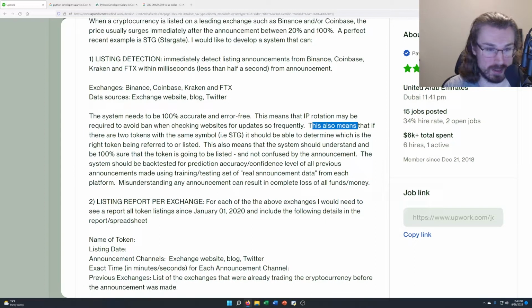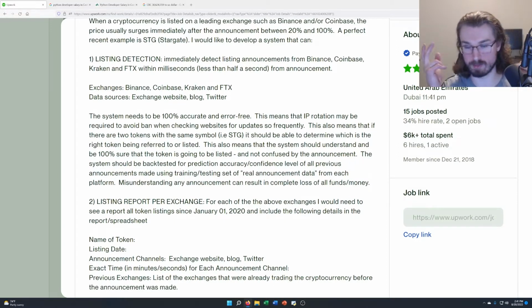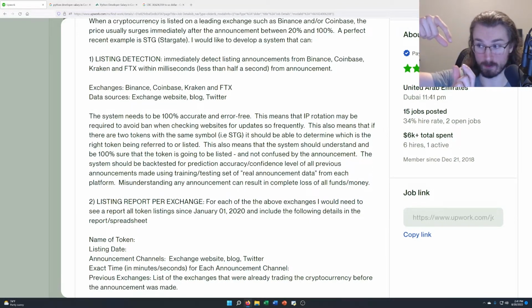This also means that if there are 2 tokens with the same symbol, it should be able to determine which is the right token being referred to or listed. Yeah, because if the system didn't know which of the crypto tickers identifies this crypto asset, there's 2 names, and we don't know which name is the right one that the article is mentioning.